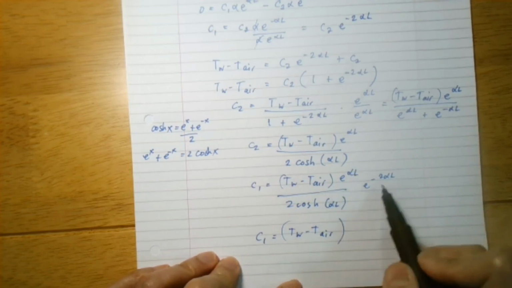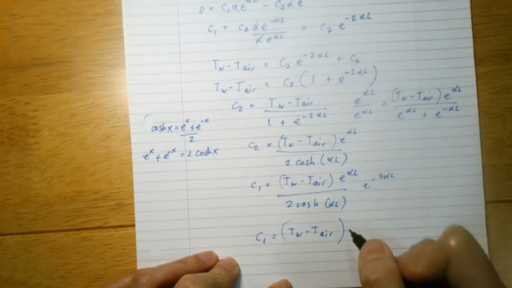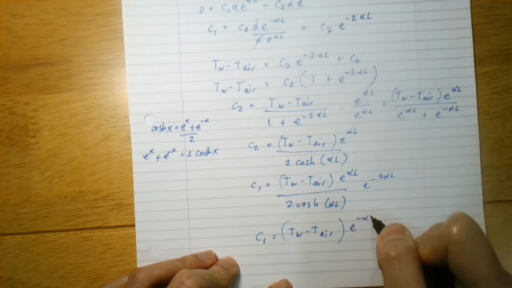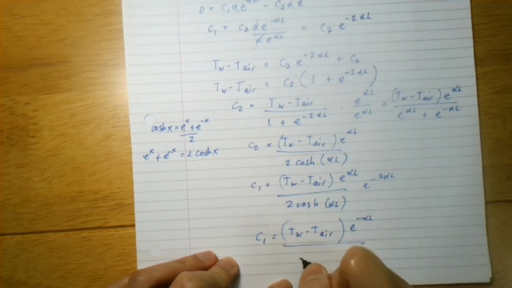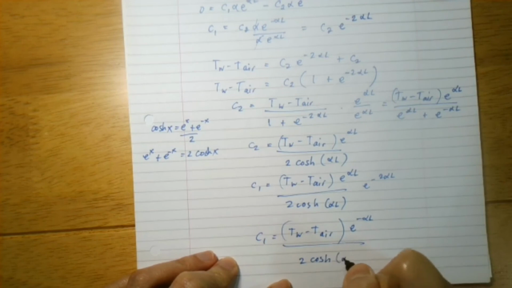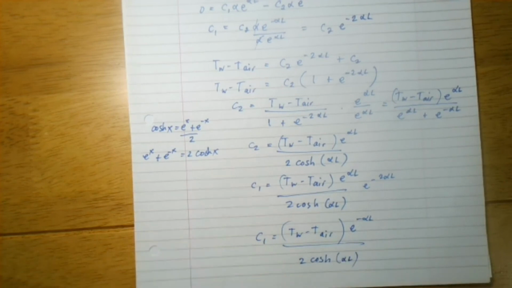I have plus 1 here and negative 2 here, so this will become e to the negative alpha L, and we have 2 cosh alpha L in the denominator.